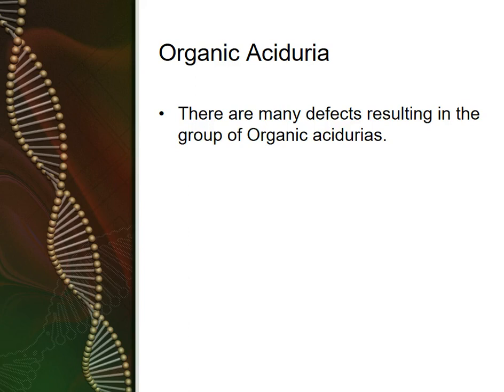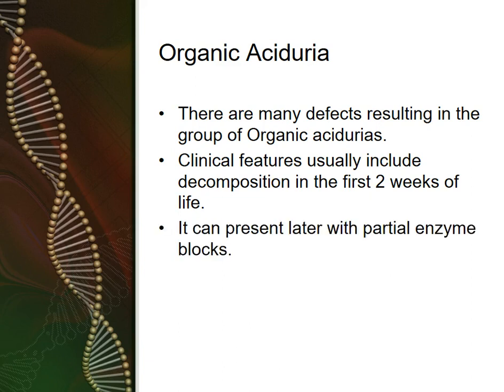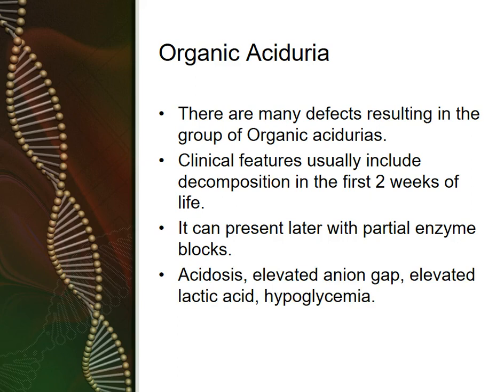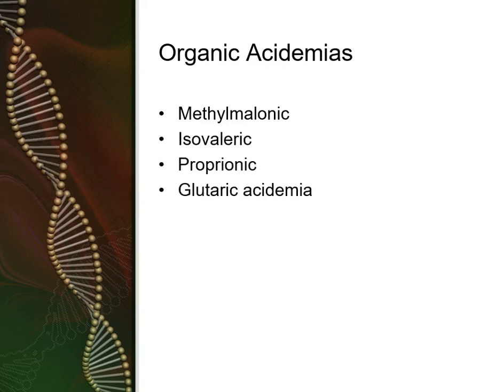Organic aciduria. This is a group of defects known as organic aciduria. The clinical features include decompensation in the first 2 weeks of life, and it can present later with a partial enzyme block, acidosis, elevation of the anion gap, elevated lactic acid, and hypoglycemia. The names of the organic acidemias include methylmalonic, isovaleric, propionic, and glutaric.